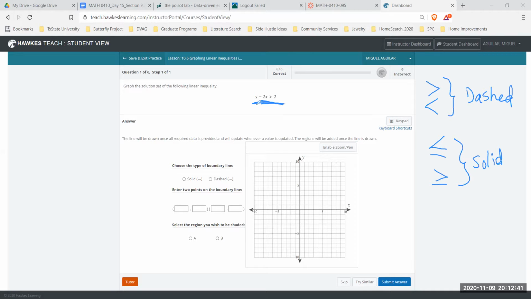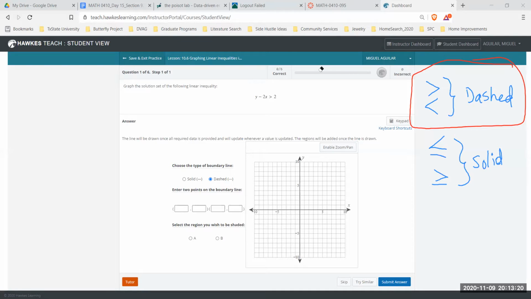So looking at this inequality, I can already tell that this will be a dashed line. Is everybody okay with that determination? Or is anybody confused? Okay, and again, it just comes down to what inequality symbol they are using. So we know that this should be a dashed line.